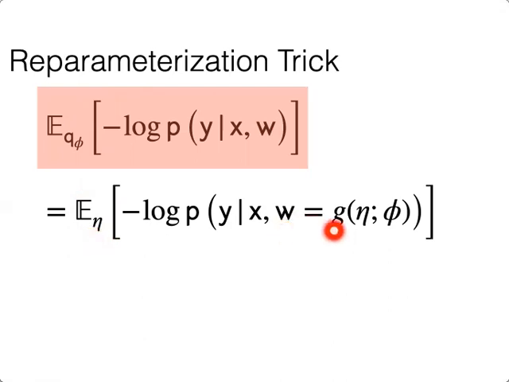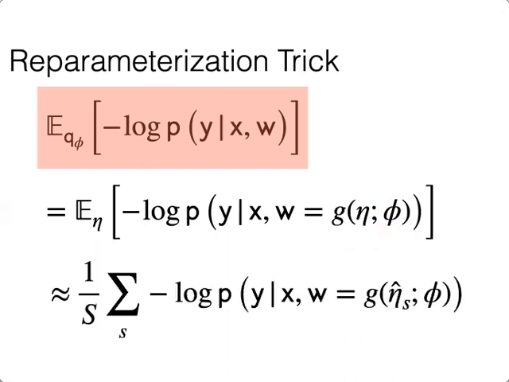And we'll define the weights to be some function of eta. And that function will take in our variational parameters, and that's how we'll get the equivalence. I'll show a concrete example of this function in a second. But once we have this reparameterization done, we can then simply do Monte Carlo sampling to approximate the integral. And this is an unbiased sample.